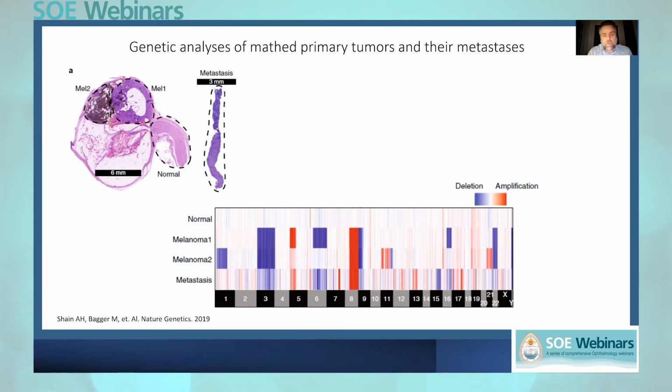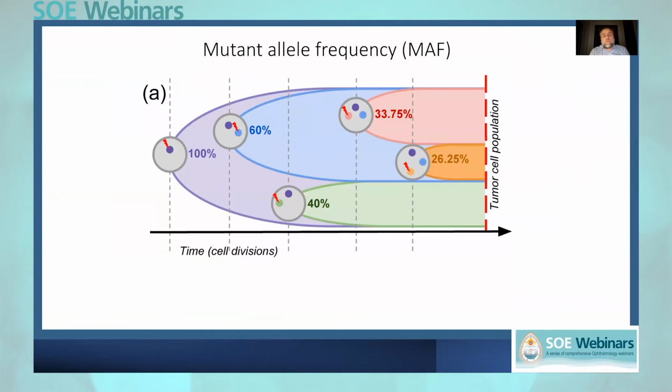But before we go into this, I'd like to talk a little about mutant allele frequency. Imagine a tumor arising from one mutation, undergoing different mutations, analyzed by a biopsy. We can now take the different genetic subpopulations and identify the number of new mutations.